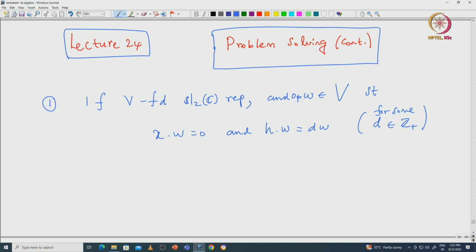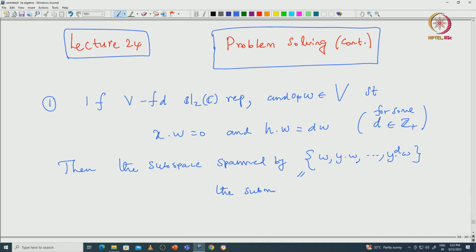Then if you recall the proof that we have done, that tells us that the subspace spanned by the following elements w, y dot w, etc., y power d w, is exactly equal to the sl2C submodule generated by this vector w.